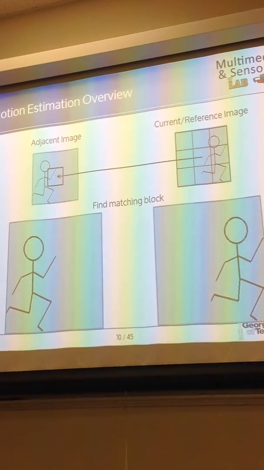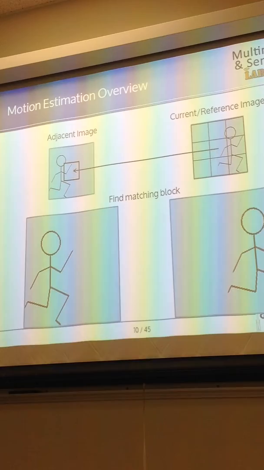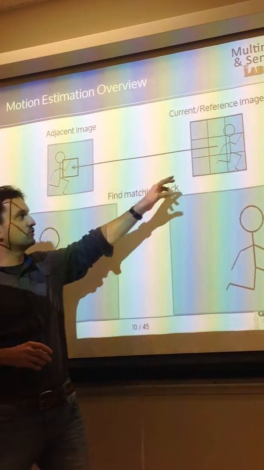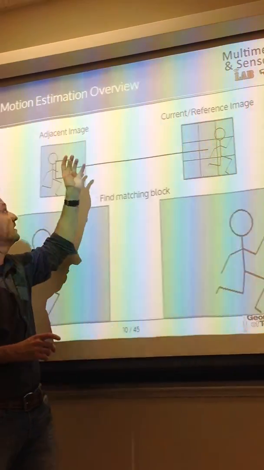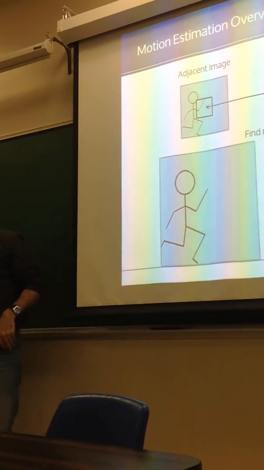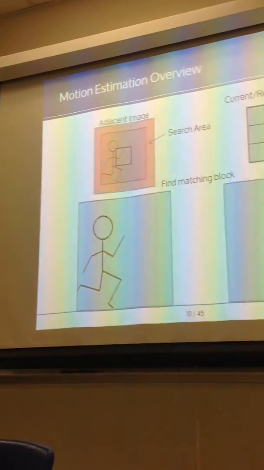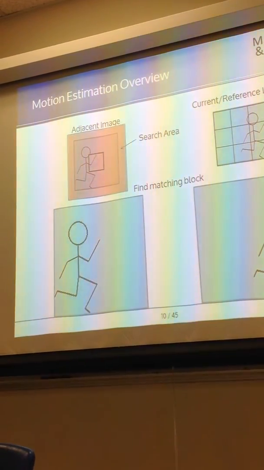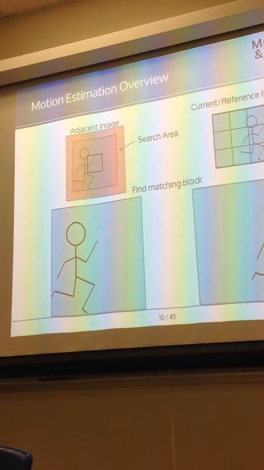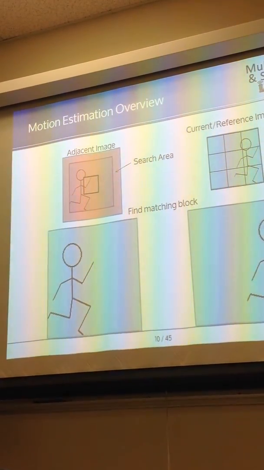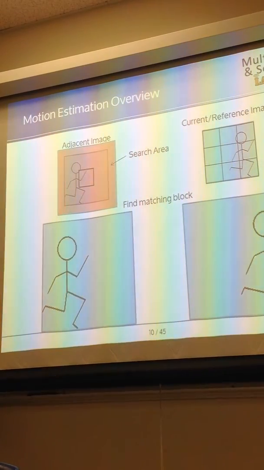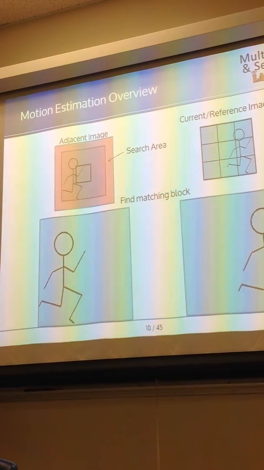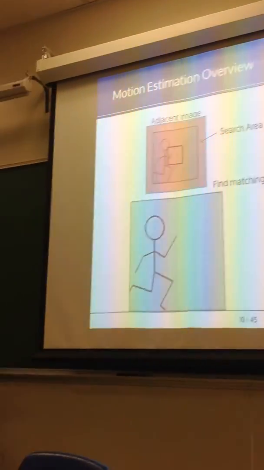If I look at just the center block here, let's say that I want to find this center block in the adjacent image. So I form a search area. My search area is really big here, but it may not be that big in general. Within that search area, I'm going to try to find the matching block.